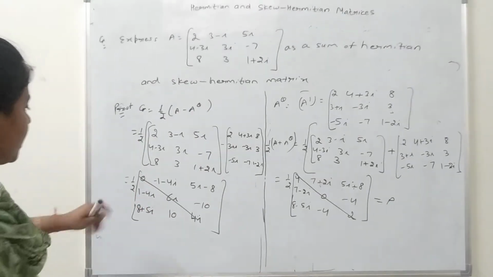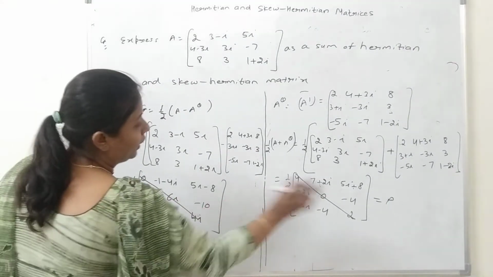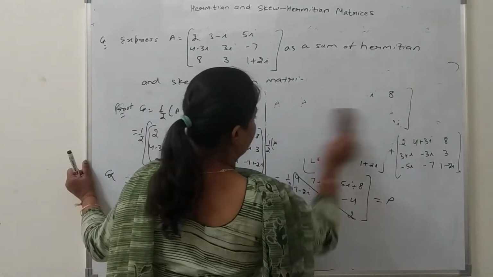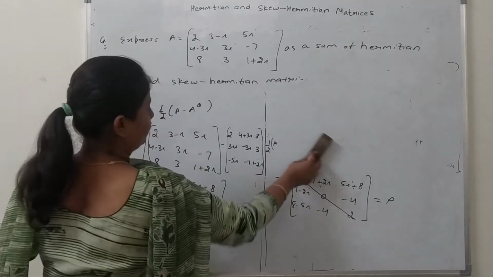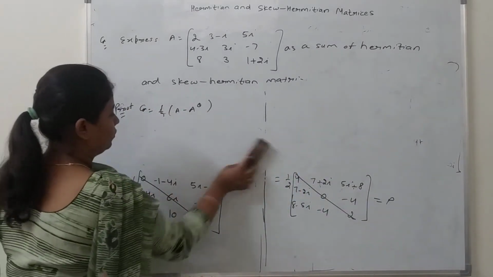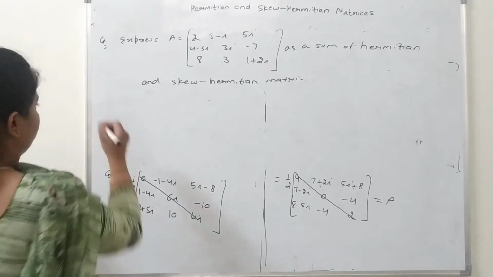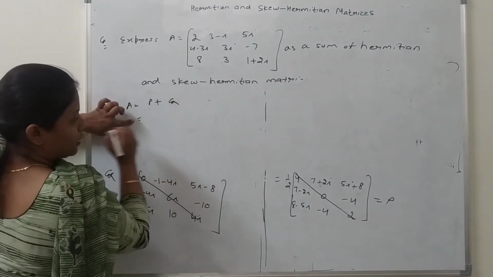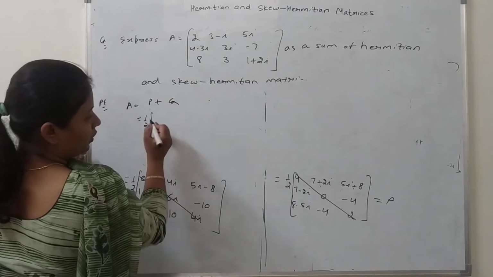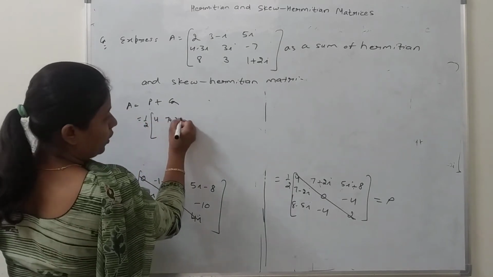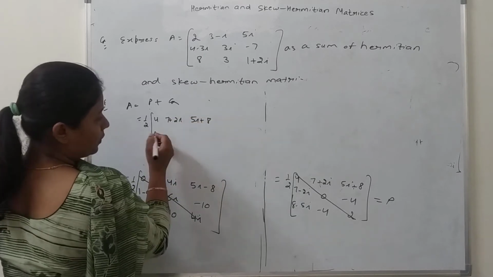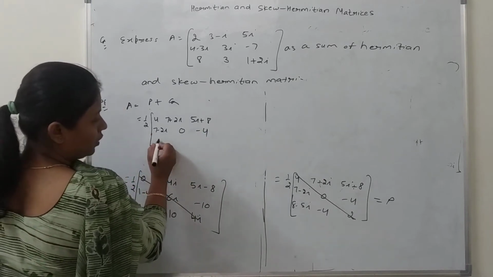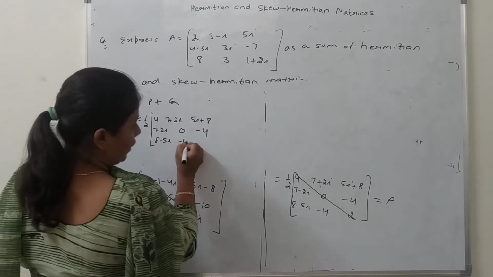This is Q and this is P. I will express it now as a Hermitian and skew Hermitian matrix. Here A is written as P plus Q. What is P? Half of the matrix 4, 7 plus 2 iota, 5 iota plus 8, 7 minus 2 iota, 0, minus 4, 8 minus 5 iota, minus 4, 2.